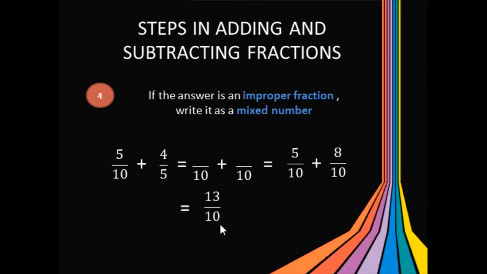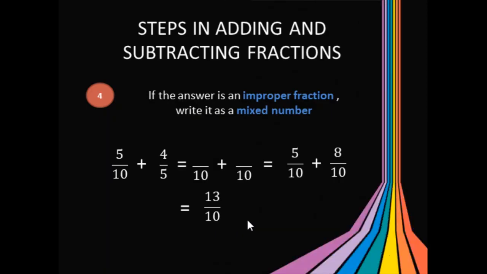13 over 10 is an improper fraction. Again, 13 over 10 is an improper fraction. Why? Because the numerator is bigger than the denominator. If this is the case, we need to write the answer in a mixed number. We get the mixed number by dividing 13 by 10.